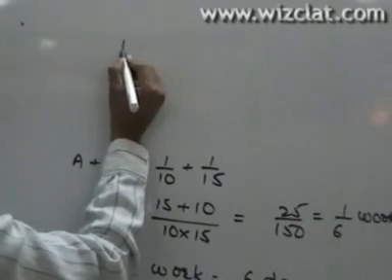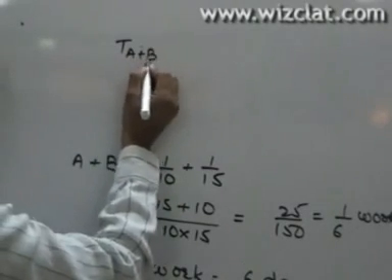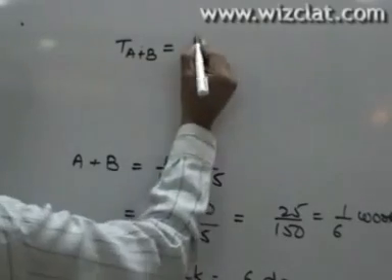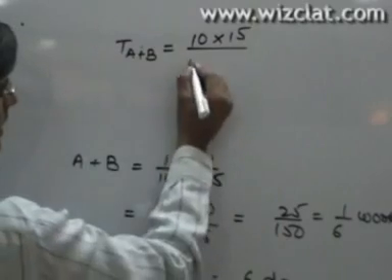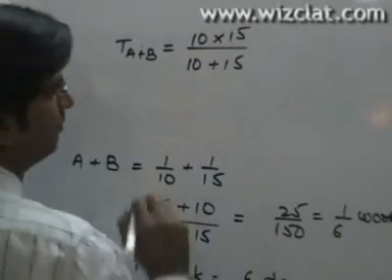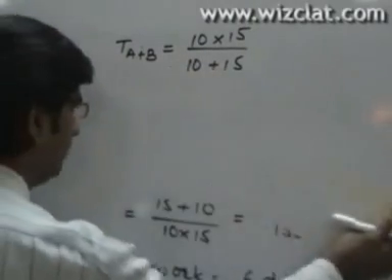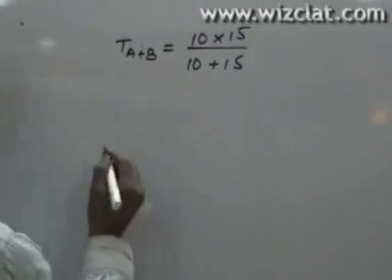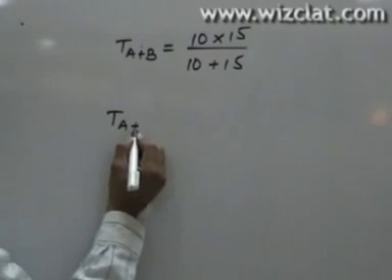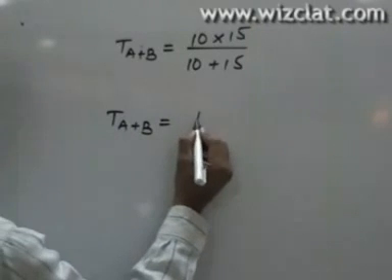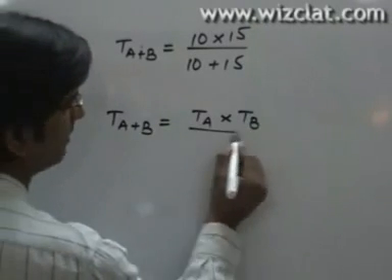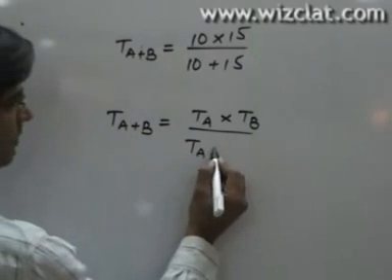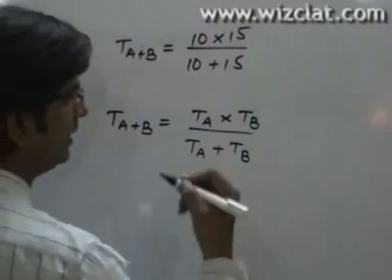It means the time taken by A and B together to do the work will be equal to 10 multiplied by 15 upon 10 plus 15. So we can say, if this simple question comes again, the time taken by A plus B to do a piece of work together is equal to time taken by A alone multiplied by time taken by B, upon time taken by A plus time taken by B.